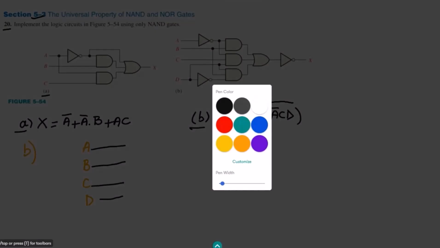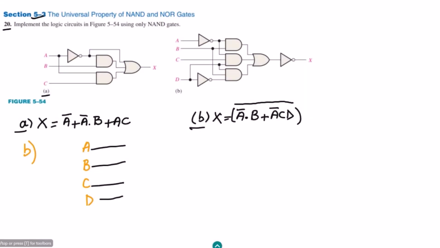I am going to solve it by using the same method which I have previously done. So this is A complement dot B and this is A complement CD. So I have to complement A first. Let me complement this first A by using the NAND gate, and the two inputs are combined together.